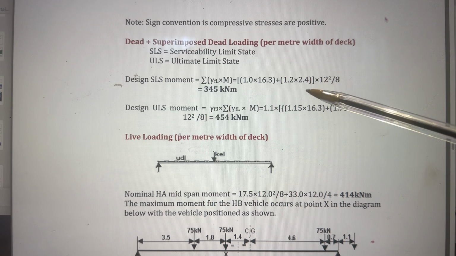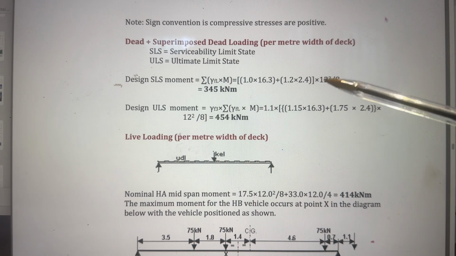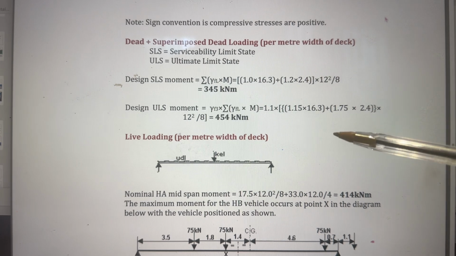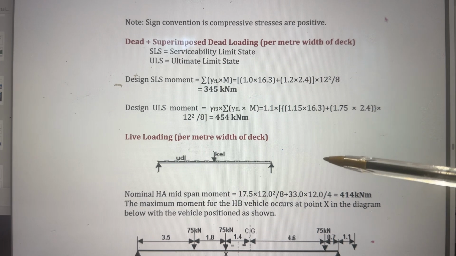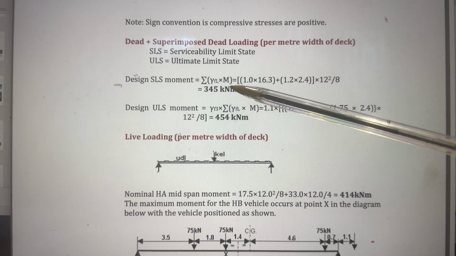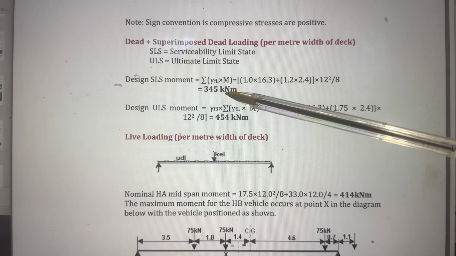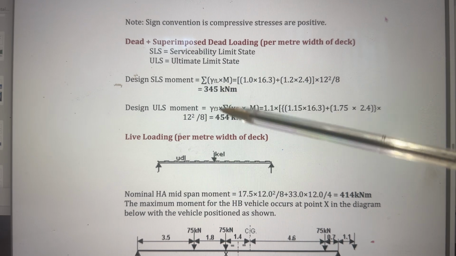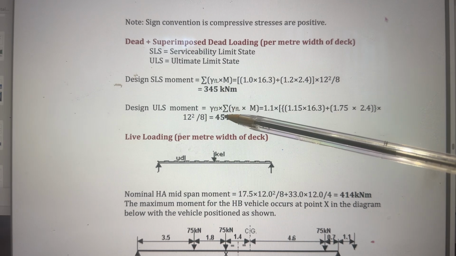WL, 12 square over 8. That gives you particularly the moment. So the same calculation is calculated. Now you have moment at the serviceability limit state, moment at the ultimate limit state.